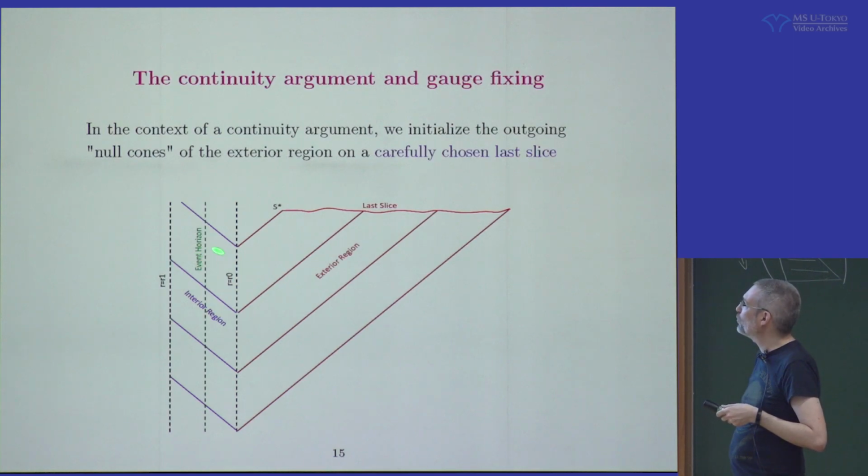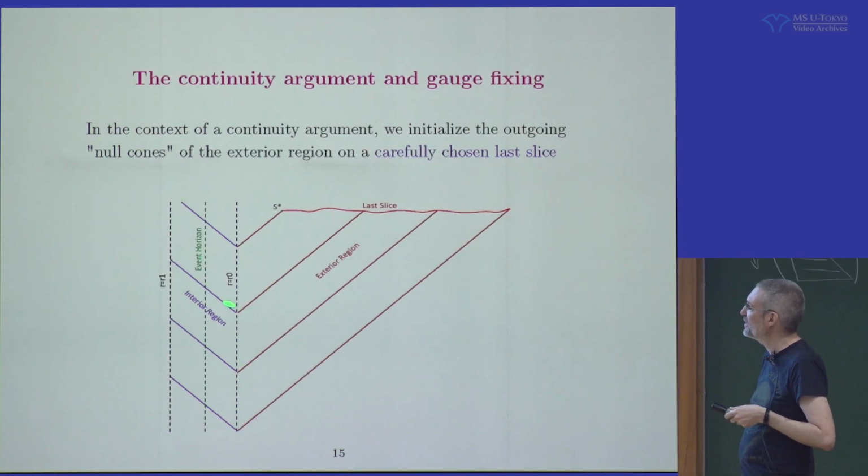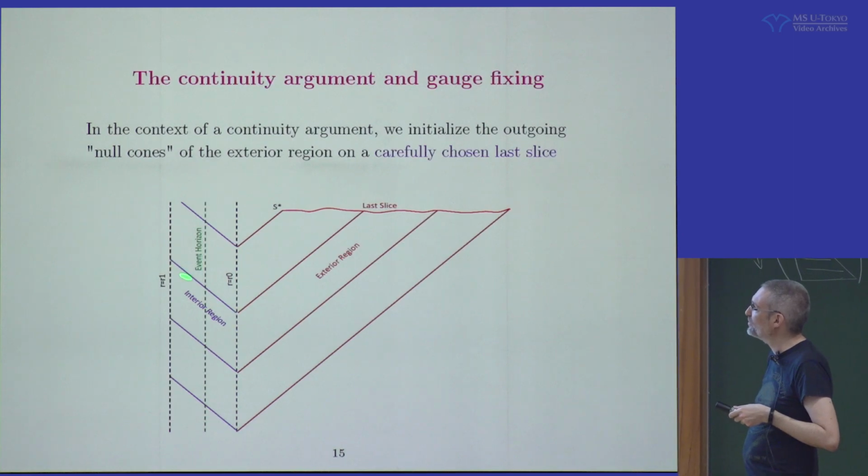And of course, you may wonder why I switch from outgoing cones to ingoing cones. This is because outgoing cones can never reach the event horizon, precisely because of its properties. So if you want to reach the event horizon, in fact go slightly inside it, you will have to change coordinates, in some sense, and use ingoing cones instead of outgoing cones. Okay, and then you stop at a value of fixed r which is right beyond the event horizon.